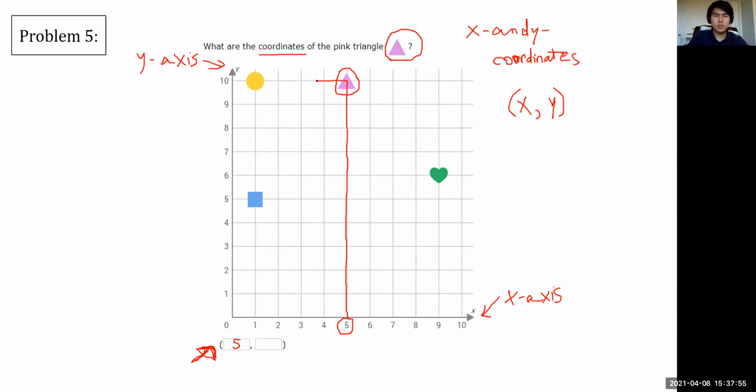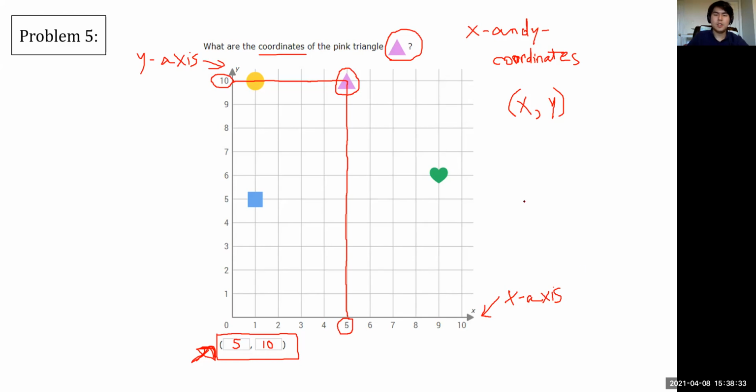We reach 10. 10 is the number on the y-axis that matches with the location of the pink triangle, which means that the y-coordinate of the pink triangle is 10. This is our final answer, 5, 10. 5 being our x-coordinate and 10 being our y-coordinate.